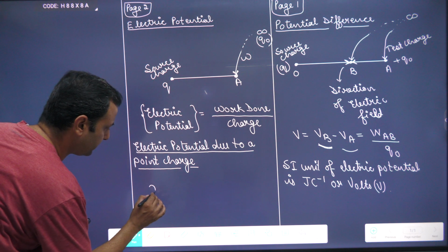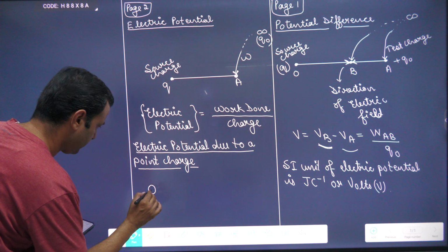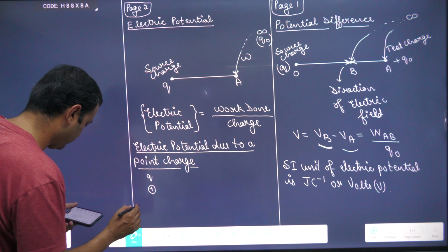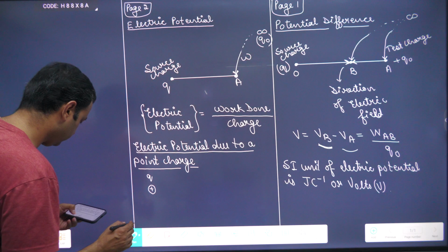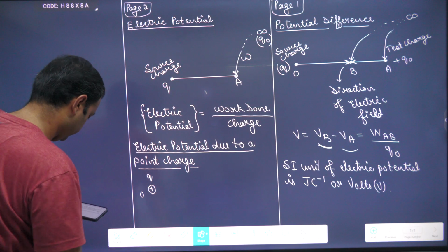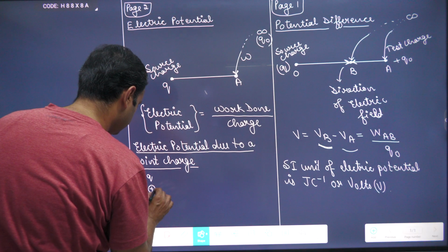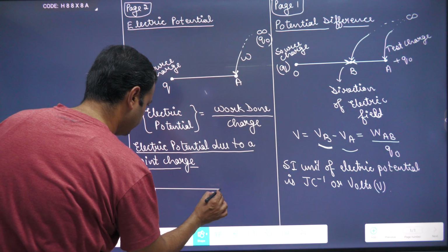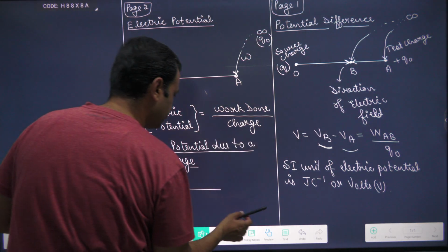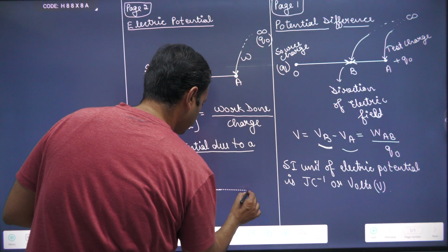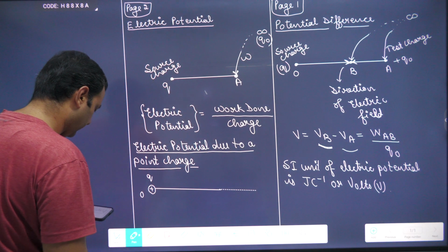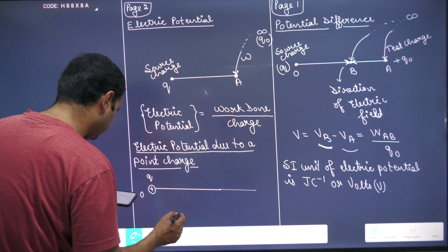So we have considered a positive charge small q which is placed at the origin O, and let us draw a straight line like this, and after that a dotted line like this, and then let us mark 3 points.